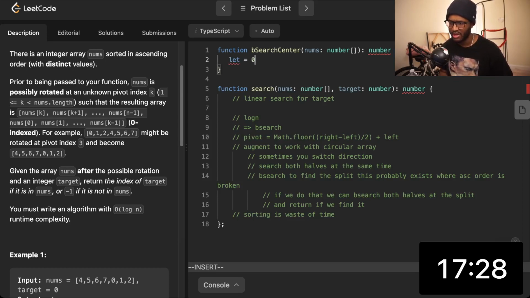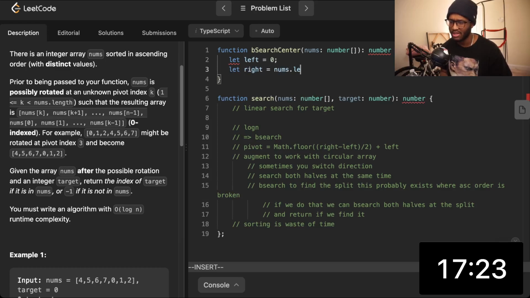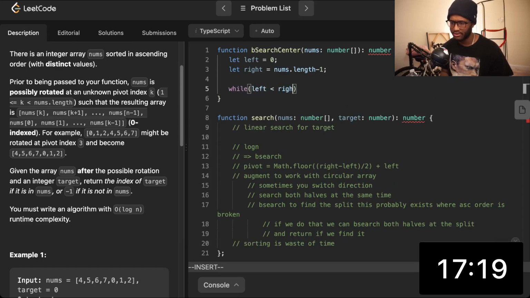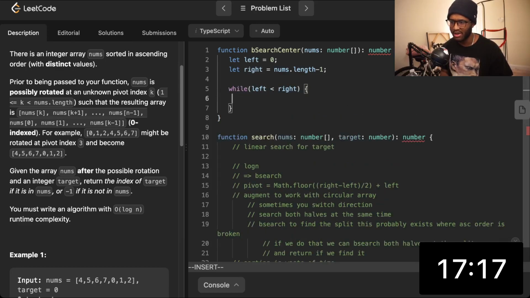So I think that should work and allow us to keep time complexity of log n. So we had let pivot equals math.floor right minus left over 2 plus left.